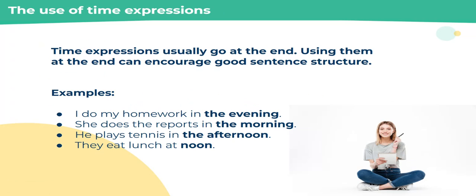He plays tennis in the afternoon. They eat lunch at noon. So in these sentences, we've got that good sentence structure, subject, verb, object, and then we've got the rest at the end, including these useful time expressions.